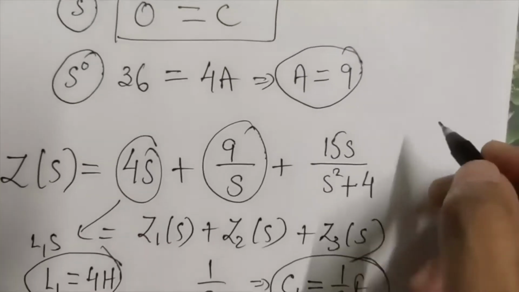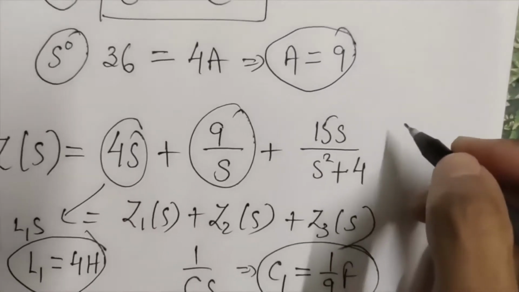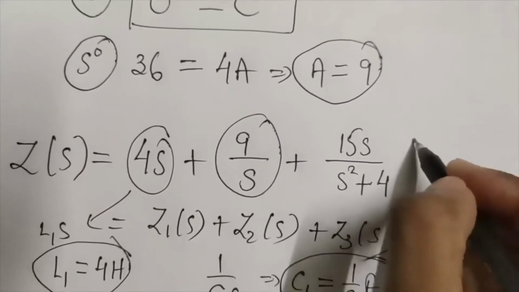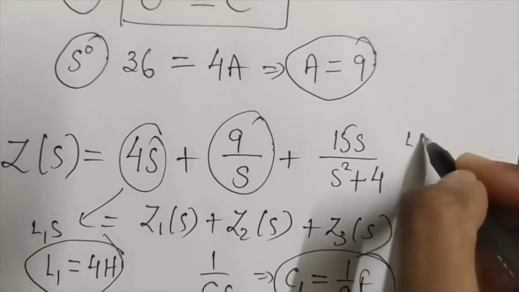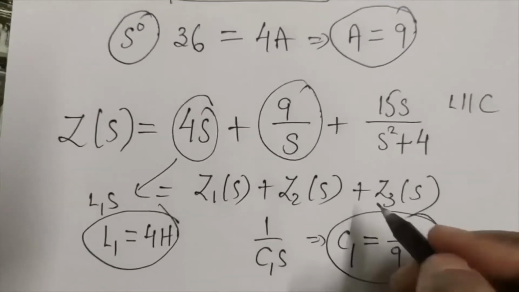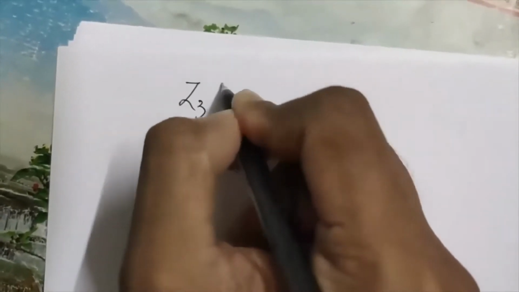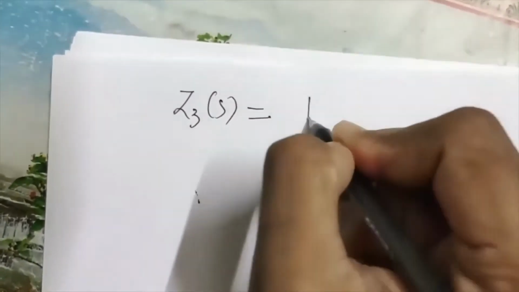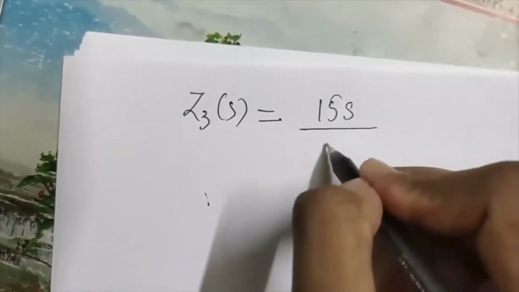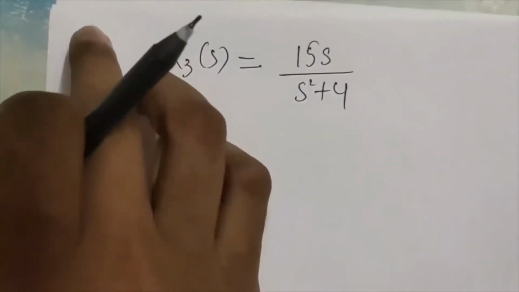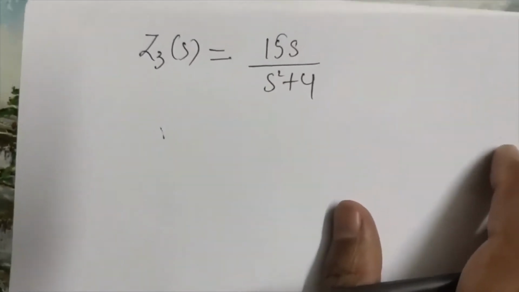The third term is neither in the form of LS, nor in the form of 1 by CS. So it means this is nothing but the parallel combination of L and C. So let us consider the third term, that is Z3 is equal to 15S by S square plus 4. Since we have got a parallel combination, always ensure that the numerator is 1.